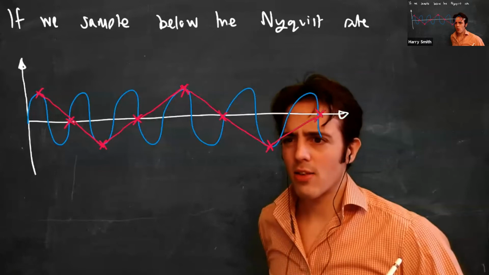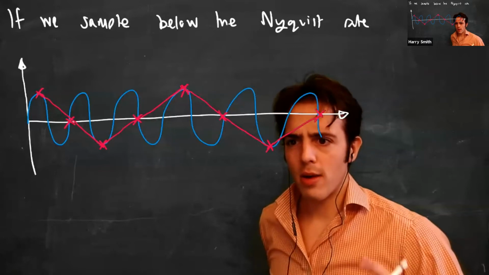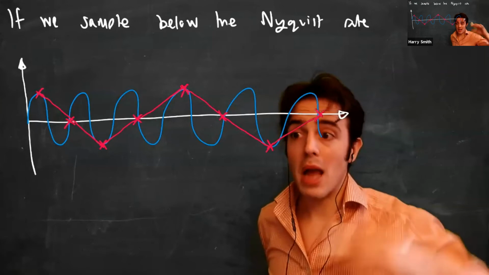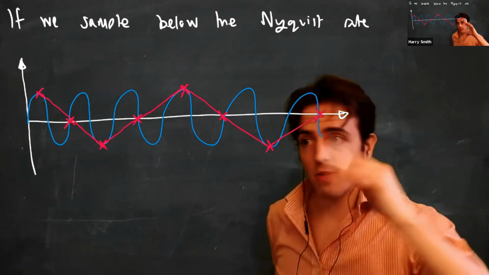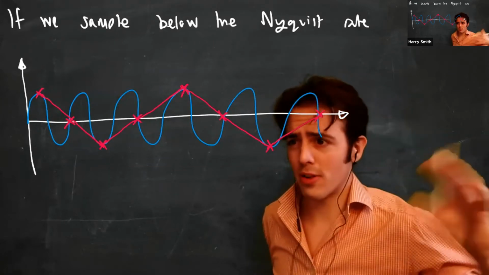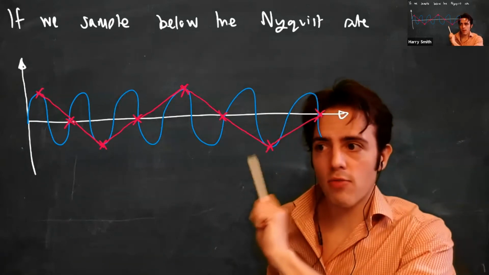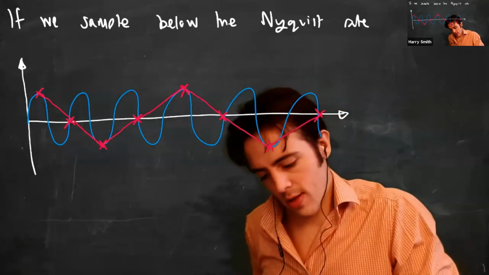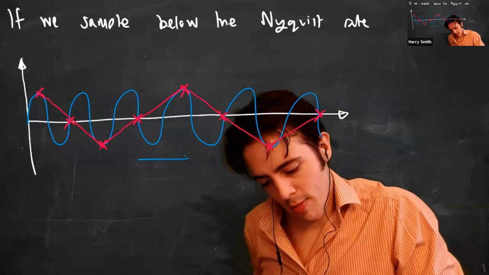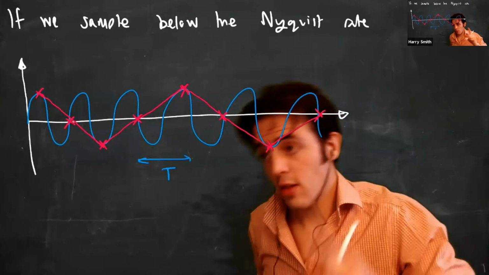that's awful. So my red signal might give me a good indication of the amplitude of this signal because it's got about the same amplitude because of the way that I've drawn this, but the frequency of this red signal is wholly different. So let's just say here, this would be the real period.